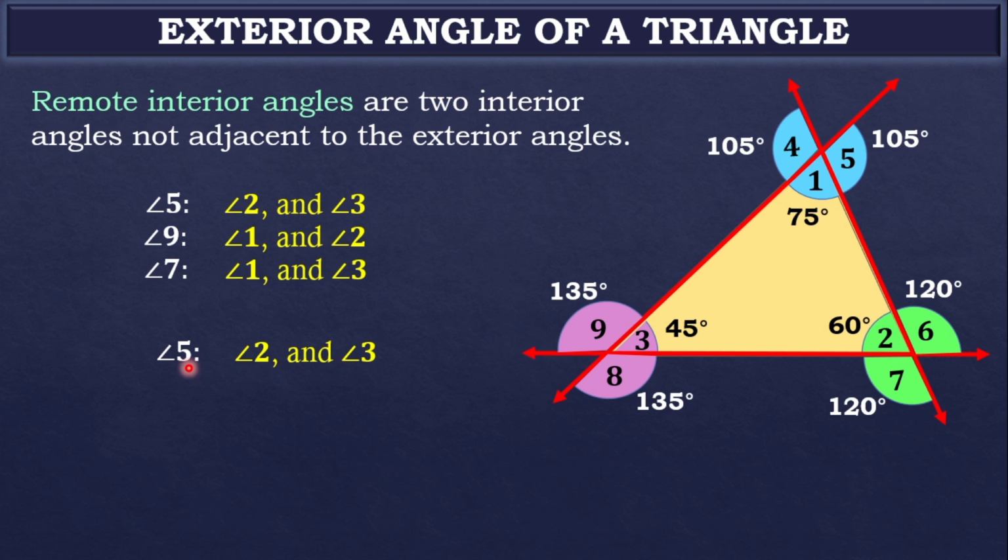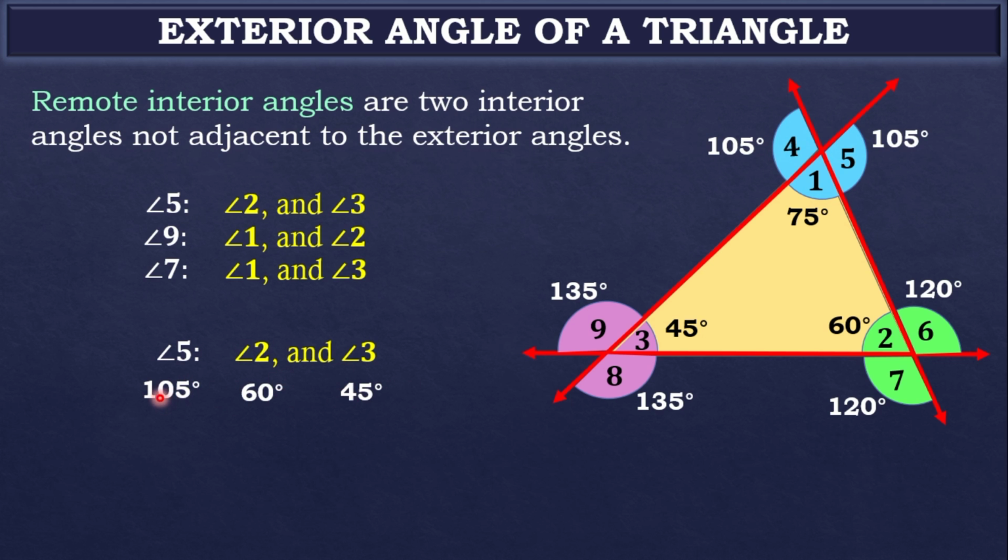So, ano kaya ang relationship nitong exterior angle mo sa kanyang dalawang remote interior angles? So, kunin natin yung measure ni angle 5, that is 105 degrees. Si angle 2 ay 60 degrees at si angle 3 ay 45 degrees. Now, if you will try to observe, I have 105, 60, and 45.